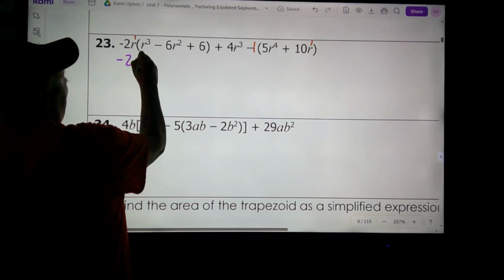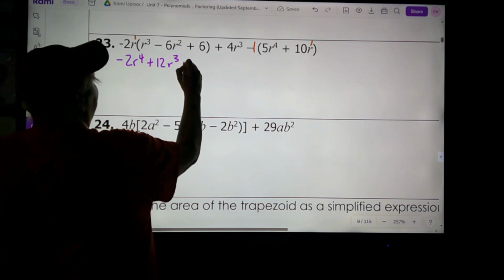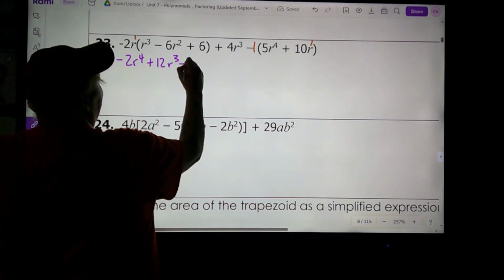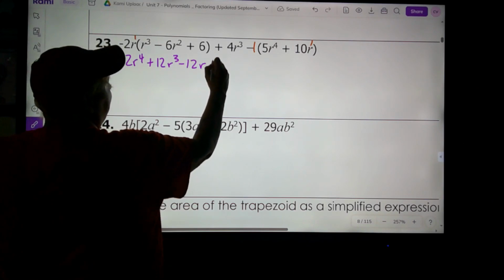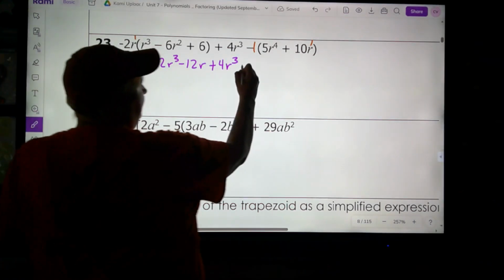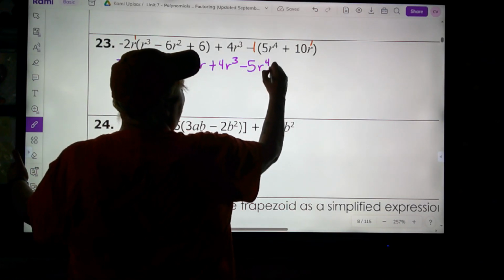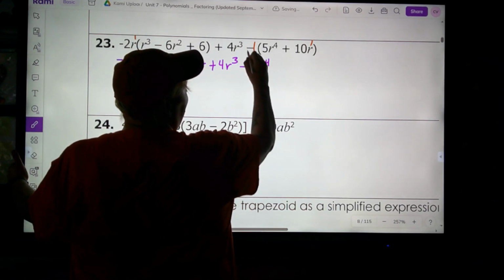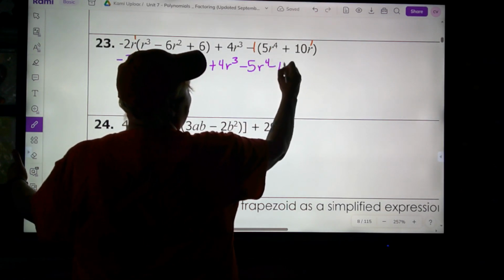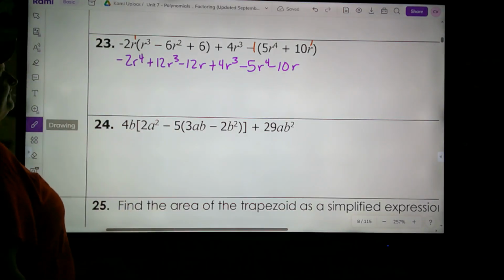Negative 2R to the 4th, positive 12R cubed, negative 12R plus 4R cubed minus 5R to the 4th minus 10R. Woo! Okay. Highest exponent, 4.